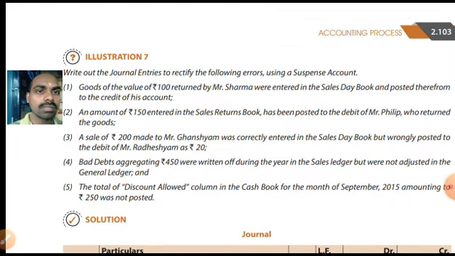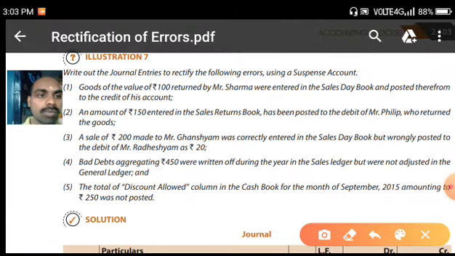See the next one. In the second situation, an amount of 150 entered in sales return book has been posted to the debit of Mr. Philip, who returned the goods. In sales return, we have correctly debited, but it should be credited to Mr. Philip's account.